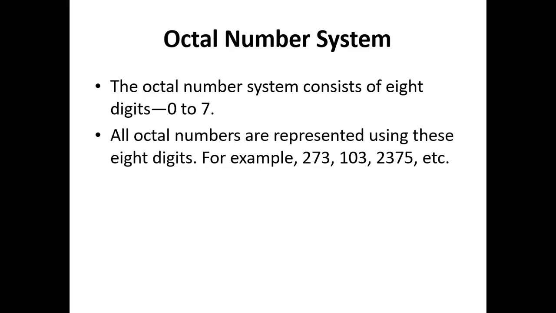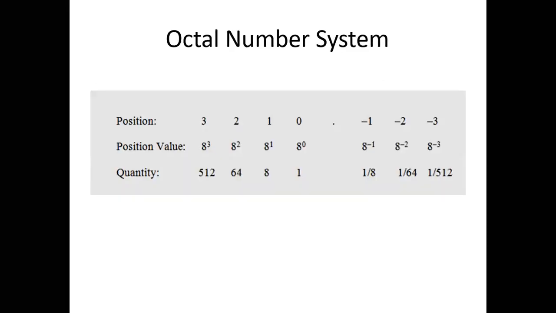You cannot use a digit equal to or more than the base. So base 8, meaning you cannot use 8, you cannot use 9. Base 2, you cannot use 2, 3, 4, 5, 6, 7, 8, 9, you cannot use any of those. So that is the idea.